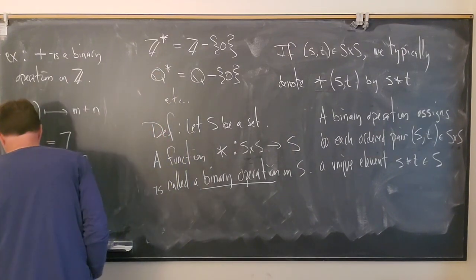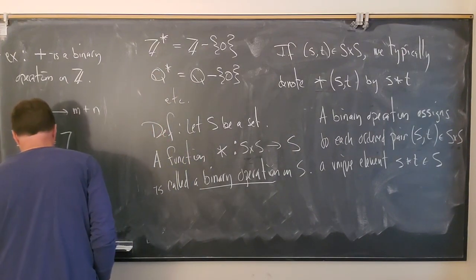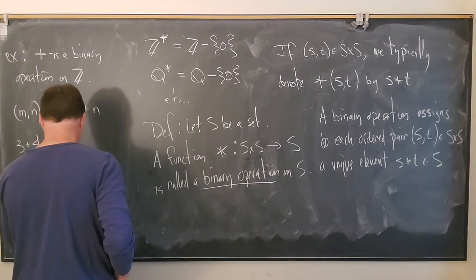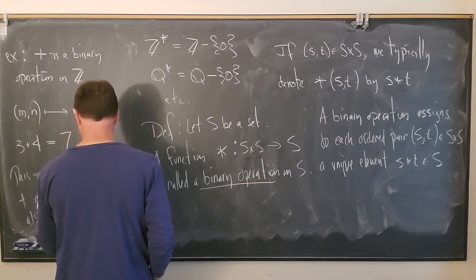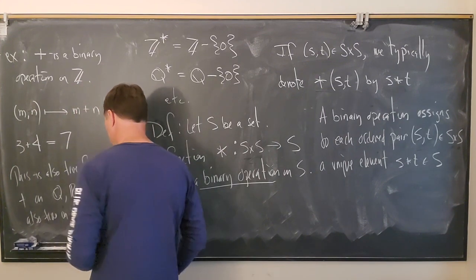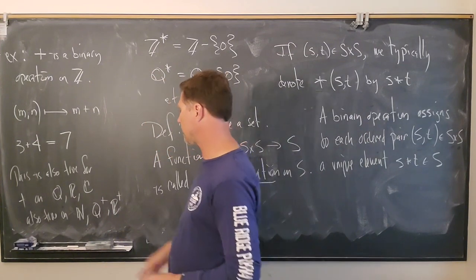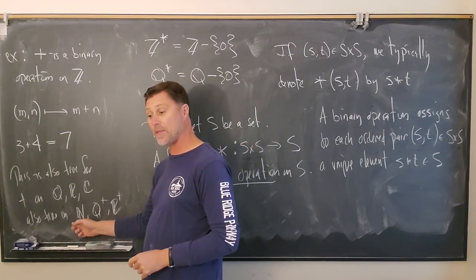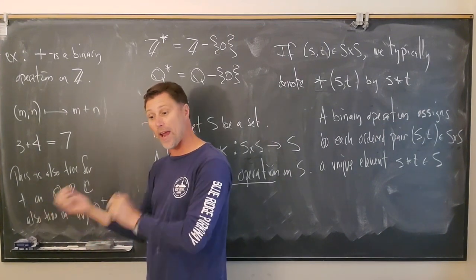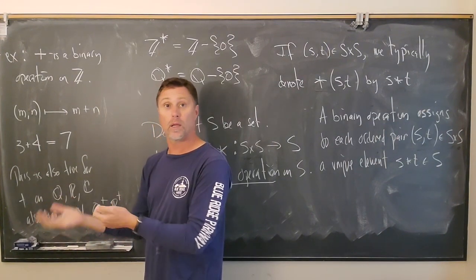Also true on the natural numbers, the positive rational numbers, the positive real numbers. If you take two natural numbers and add them together, you get a natural number. That's a way of assigning to each pair that you want to add a unique output.